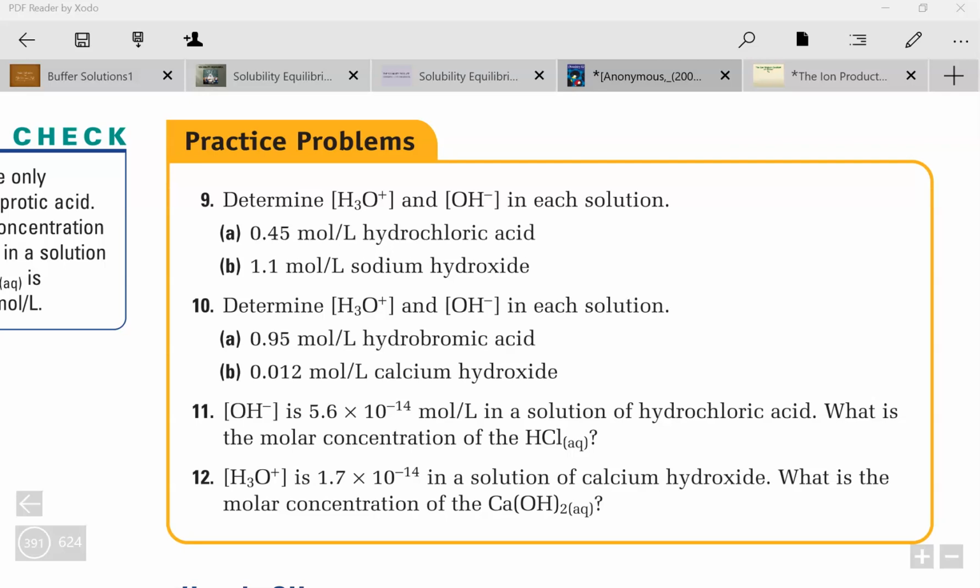Hydrochloric acid, 0.45 moles. So this is a strong acid. So we know our concentration of H3O plus is also going to be 0.45.